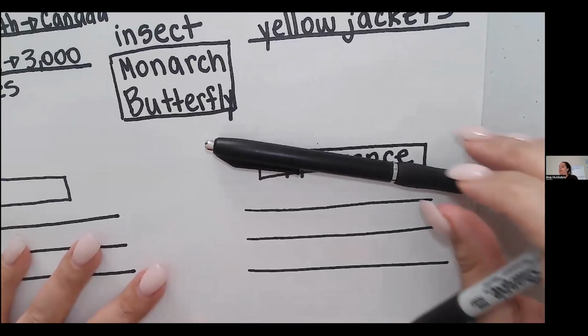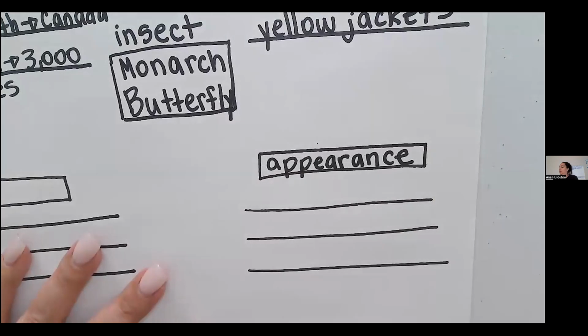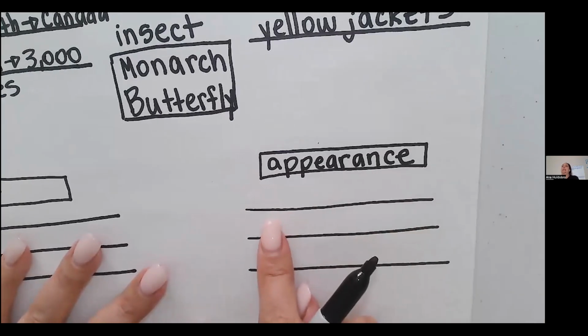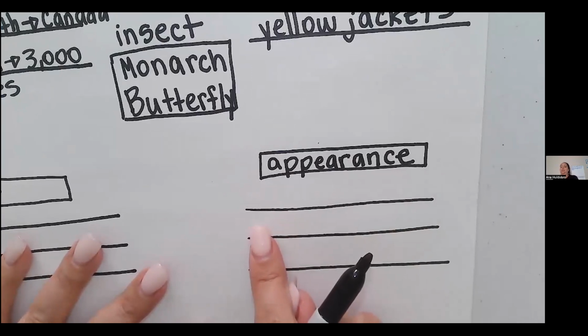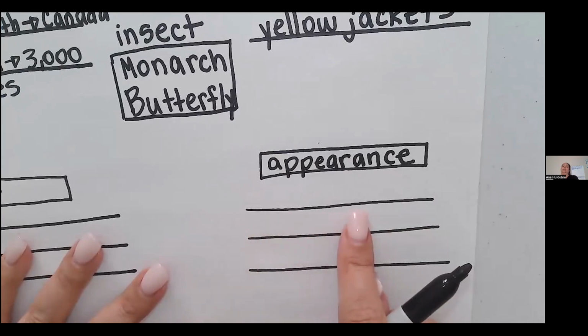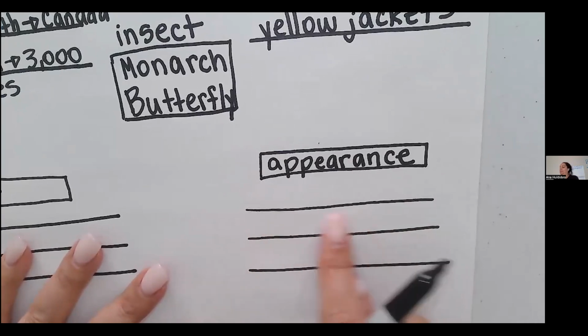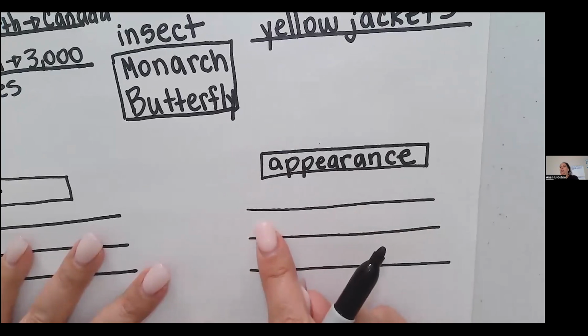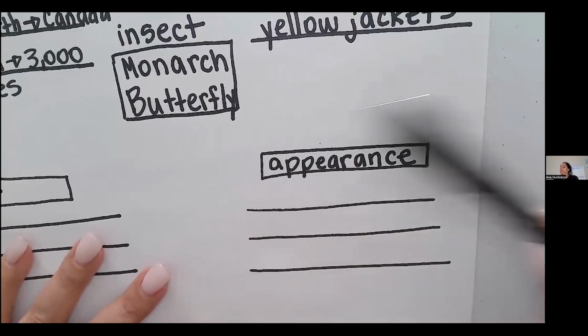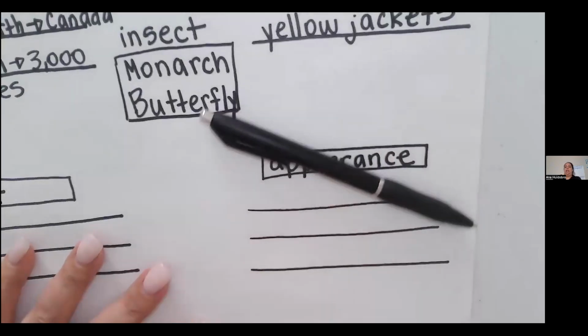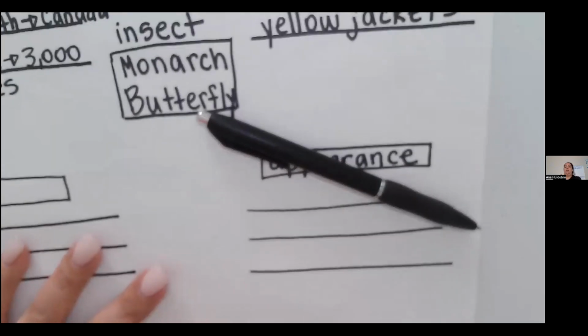Okay, excellent. All right, so for mine, yesterday, our last lesson, when we did our essay on bears, we talked about adjectives, words that describe. So of course, we're going to put wings, right? That's the first thing that comes to mind. What are some adjectives you could use that describe the wings?